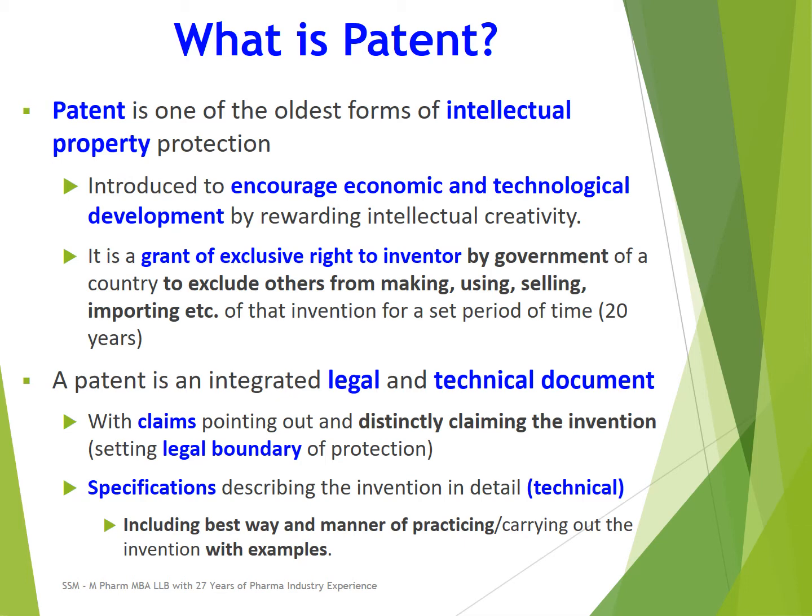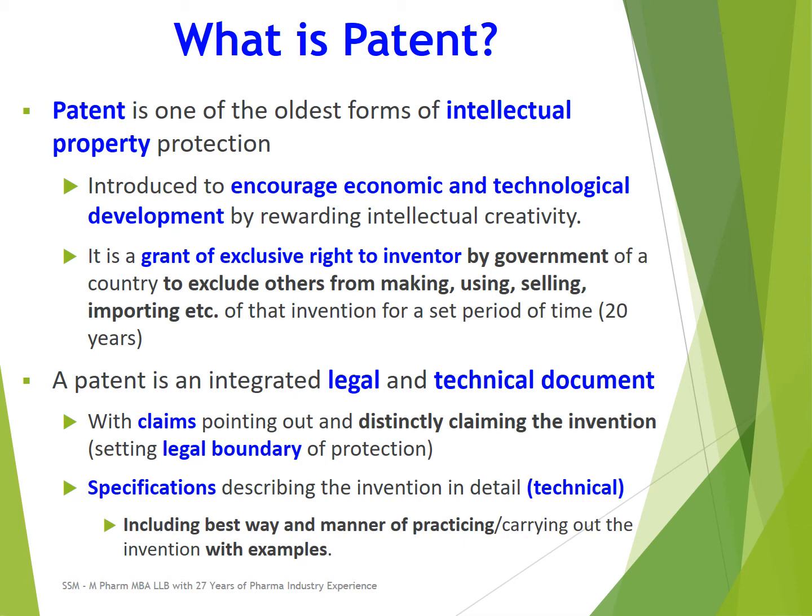The specification part or description part of the patent is the technical information part. It provides all technical information related to that invention. So this is the technical part. That's why it is called a technical document.